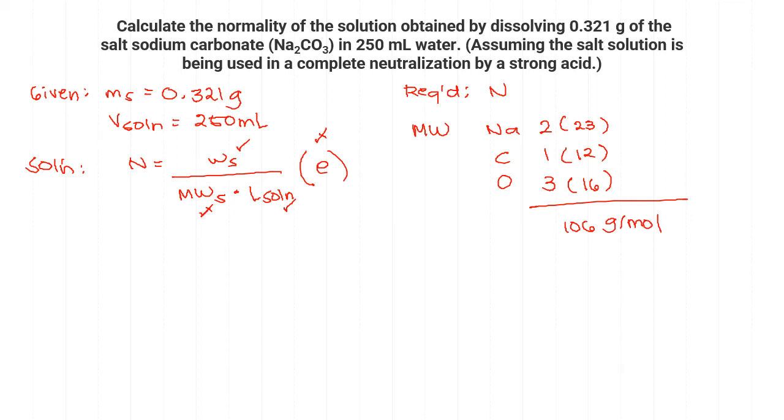Now we've got your molecular weight of solute covered. How about our equivalents? We know that once Na2CO3 dissociates, we will have this equation. Therefore, our equivalence per mole is equal to 2. Now that we've got all covered up, we may now calculate for our normality.